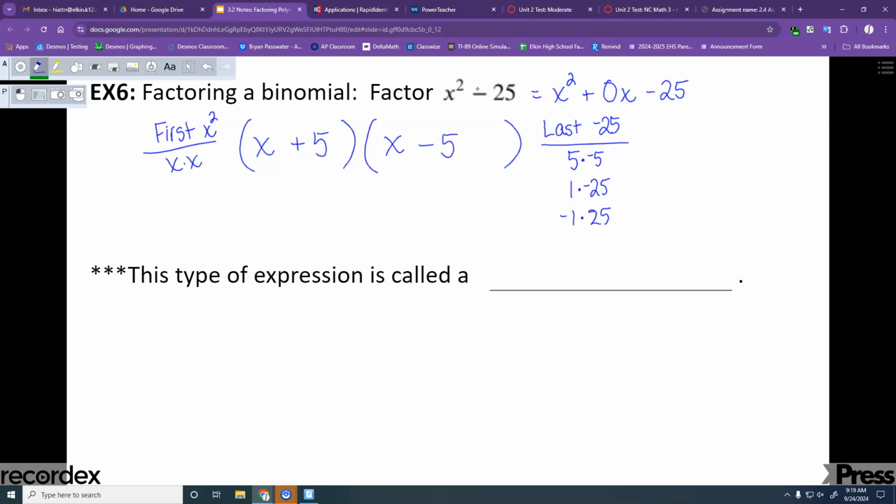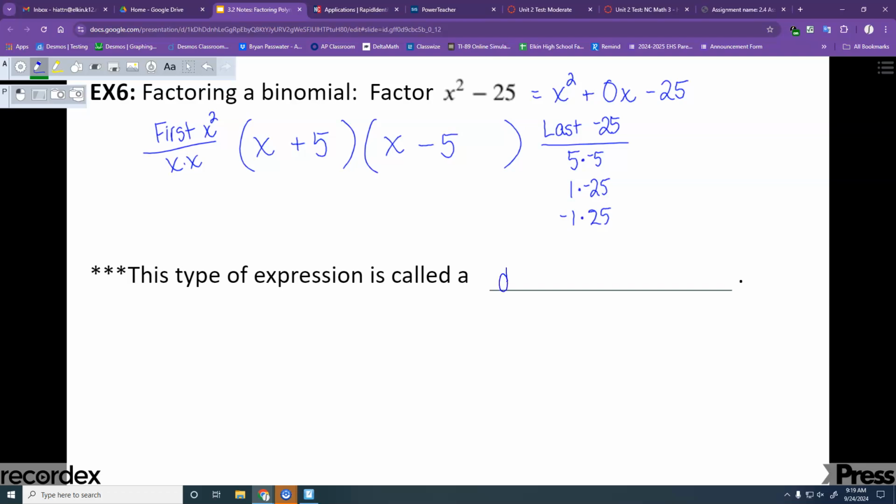Now, when you see a problem like this, it always ends up being the two numbers that are just opposite of each other, right? Because it takes a positive 5 and a negative 5 to make 0. No other combination is going to give you 0 for that. This particular type of expression shows up a lot and has a special name.